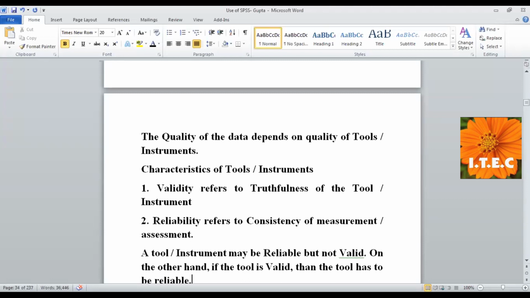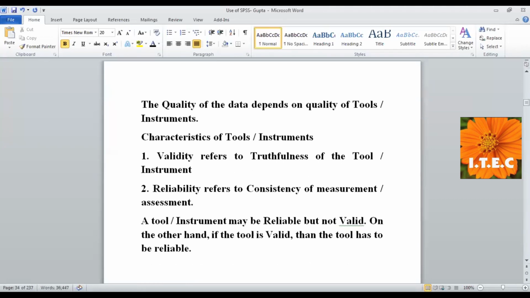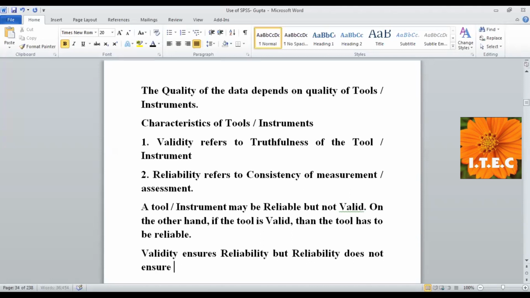So that means validity ensures reliability, but reliability does not ensure validity.